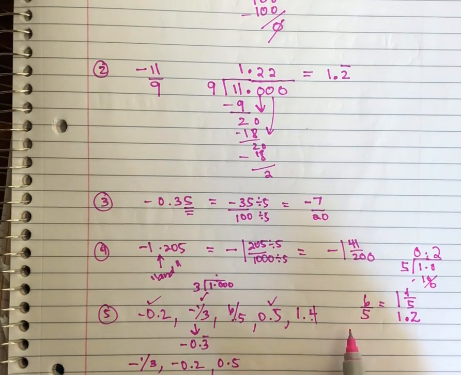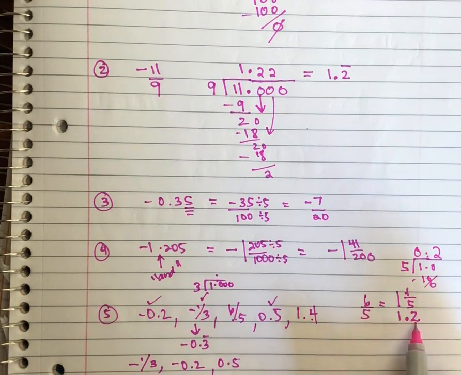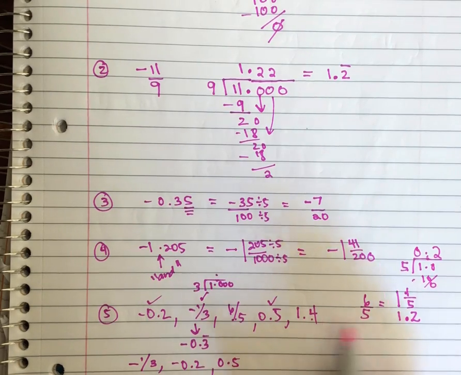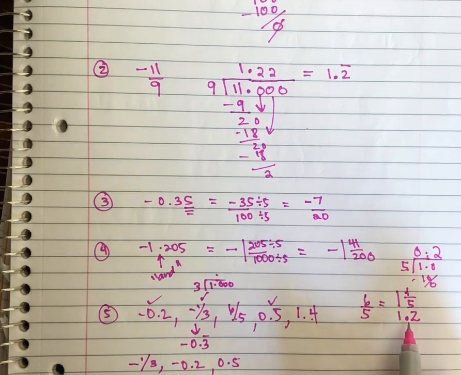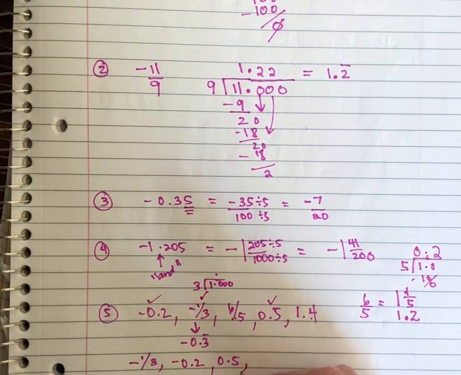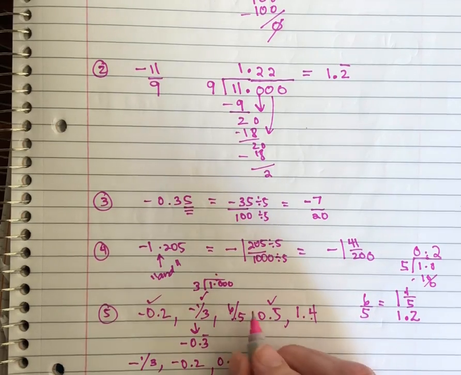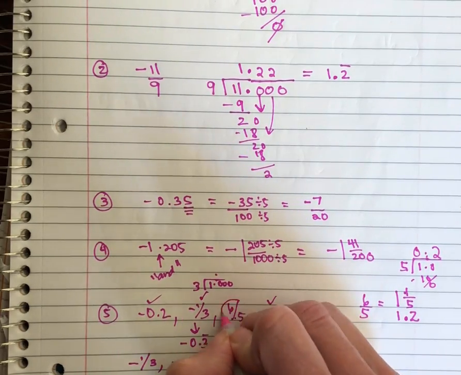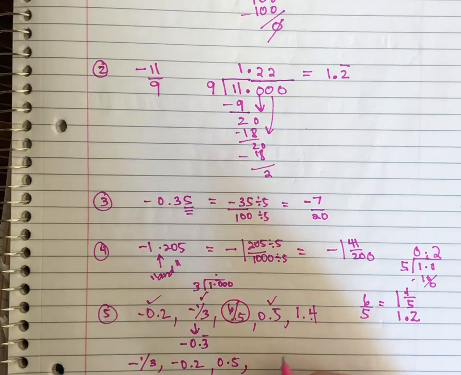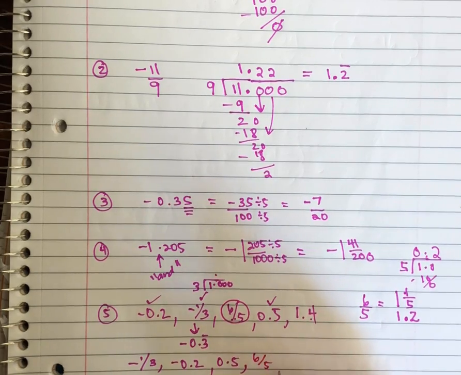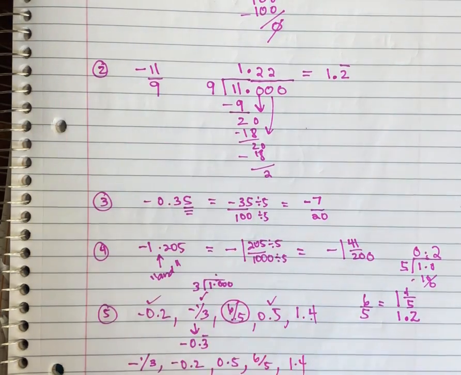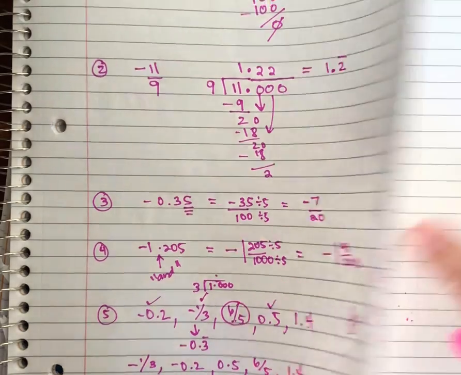So now I can compare 1 2/10 and 1 4/10. 1 2/10 is smaller, which means it comes next in my list. But reminder, that number started as 6/5. So that's how I'm gonna order it in the set, which means 1 4/10 is the greatest number in the list. Okay, a few left.